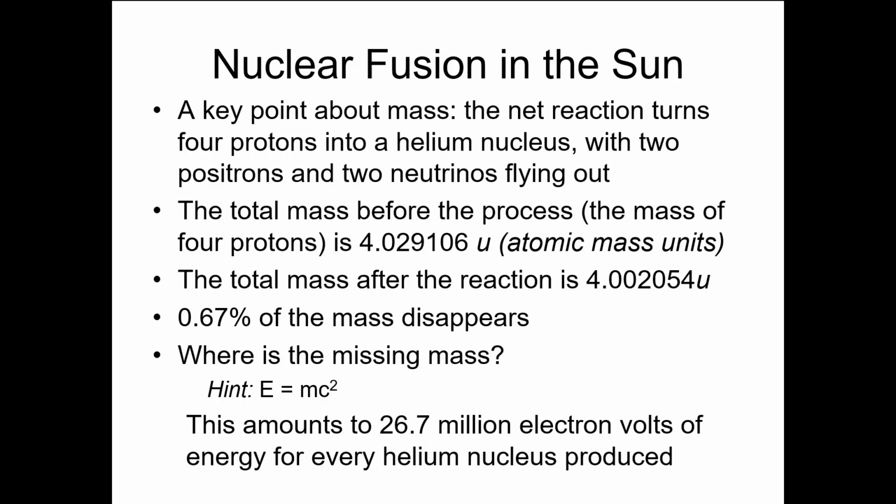It's the energy of the gamma ray photons, the kinetic energy of those protons that came flying out in step 3, and you end up with 26.7 million electron volts of energy every time one of those helium nuclei is produced. A typical chemical reaction, on the other hand, produces energy in the order of just plain electron volts. This is 1,000,000 times that much, and that's something that's very powerful about nuclear fusion.